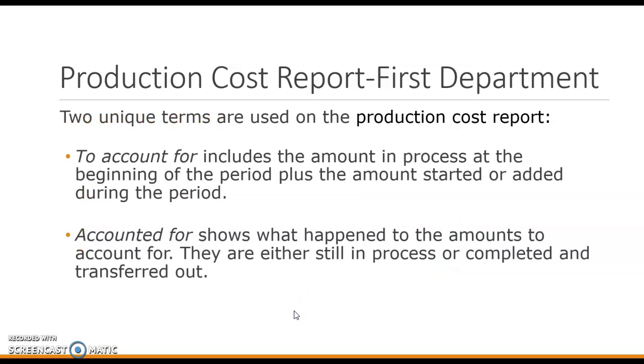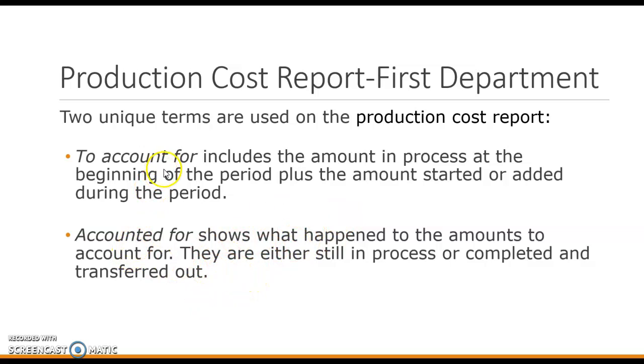We have two terms that we have to know about. To account for means all of the units or the costs that we need to account for. If we're the manager of the assembly department, we need to account for all of the units and all of the costs that went into our department. The accounted for shows what we actually did account for.